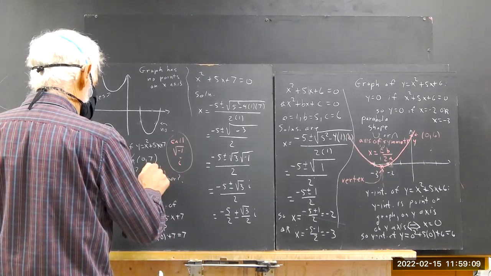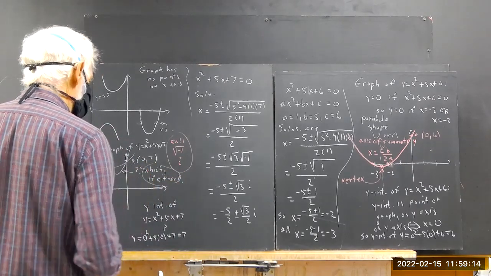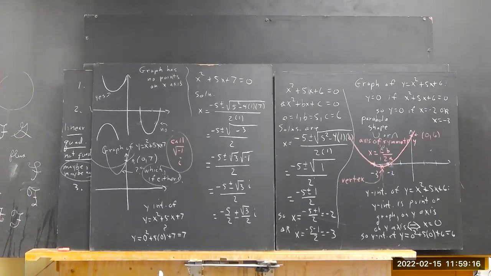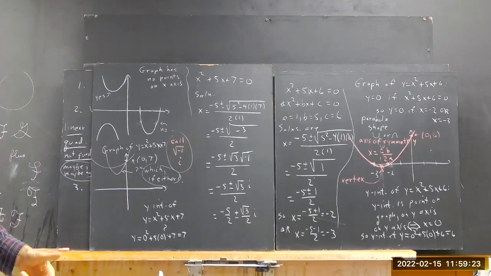Which is it if it's either one? It's going to look something like one of these. It's not going to be down because that would end up going through the x-axis.